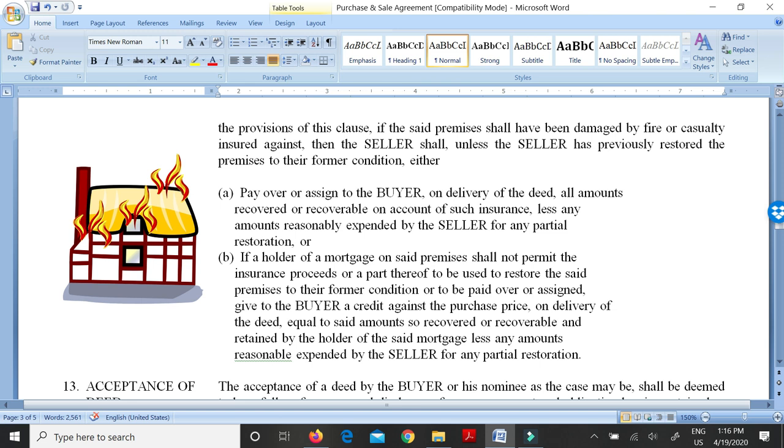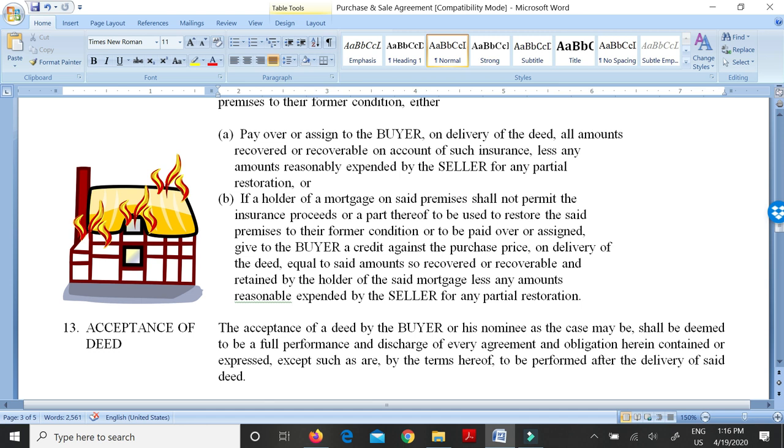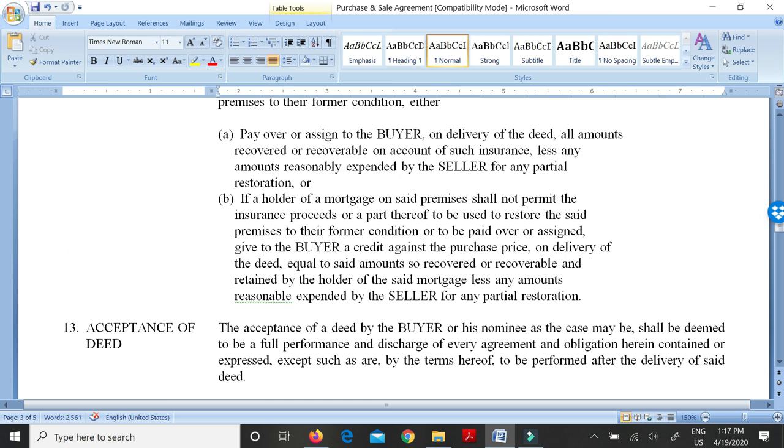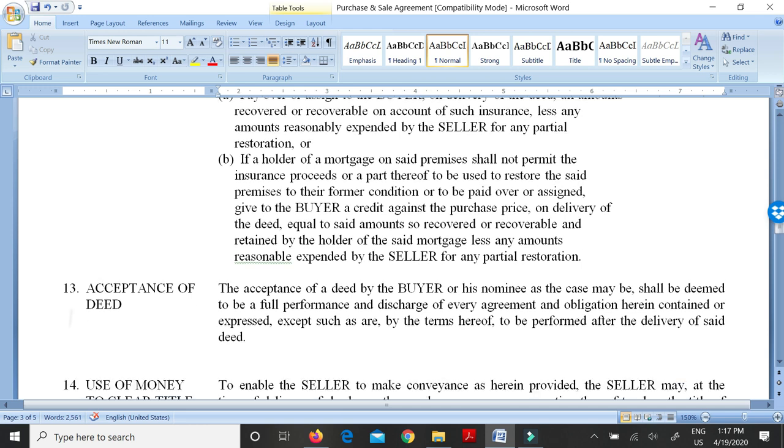A says, on the first hand, the seller can pay over to the buyer at the time of delivery of the deed any money is recovered on account of insurance, less any money that they've spent on partial restoration. Paragraph B says that if the mortgage holder is holding the money and they do not permit the money to be used to fix the property yet, they can take delivery of the deed and then be responsible for doing the work necessary to restore the property to its fixed condition.